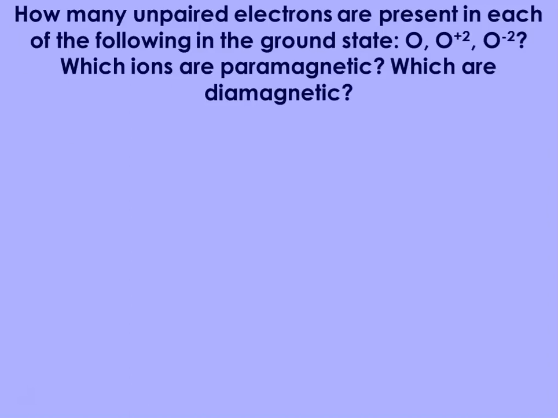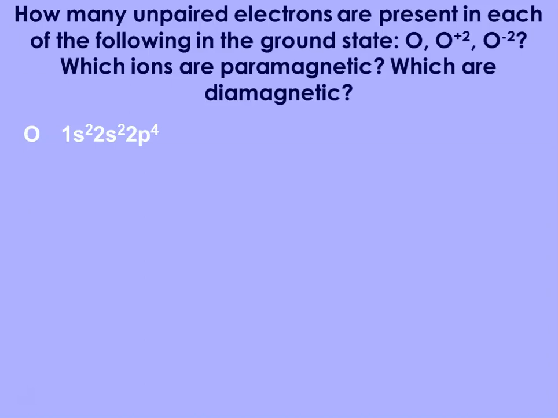So if we take a look at oxygen, it has 8 electrons, and so it would have 2 in 1s, 2 in 2s, and then 4 in 2p. Only the 2p is the one that I need to look at to determine the unpaired electrons.